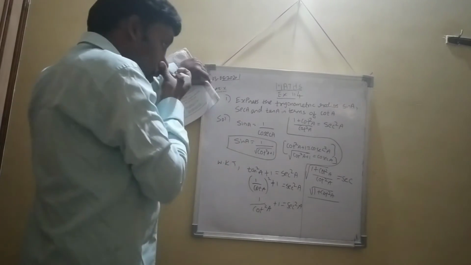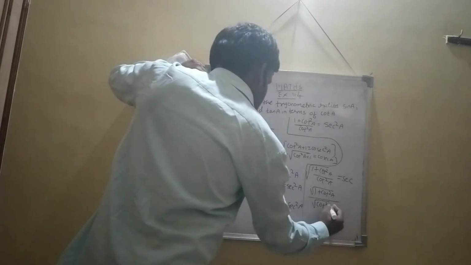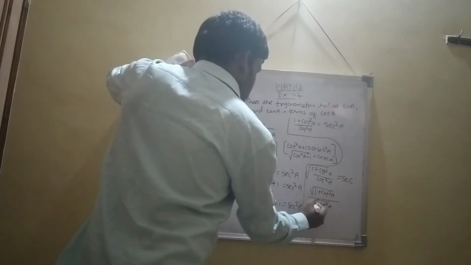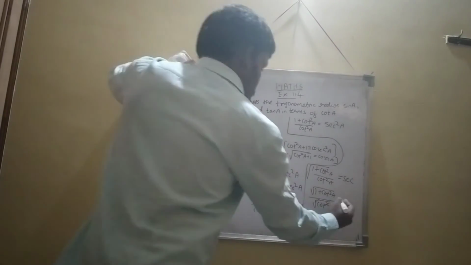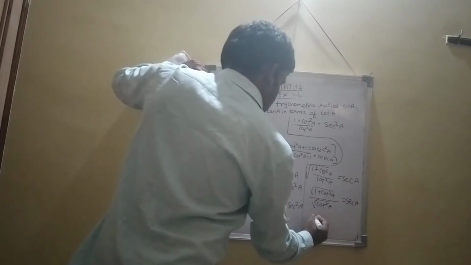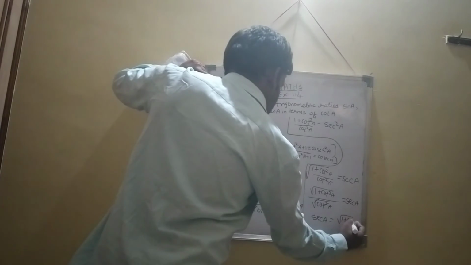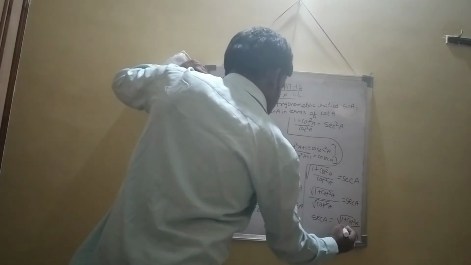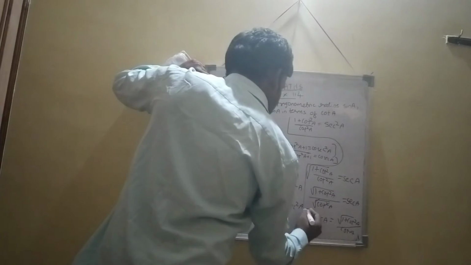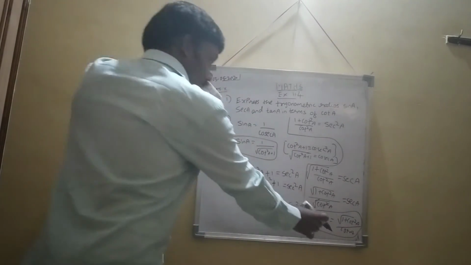The denominator is cot square A, so square and square root cancel. So secant A is equal to square root of 1 plus cot square A divided by cot A. This is the relation between secant and cot.